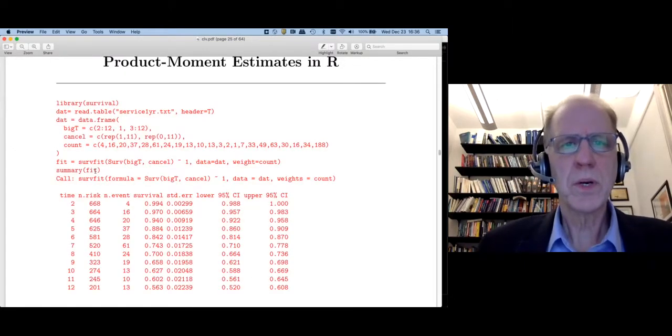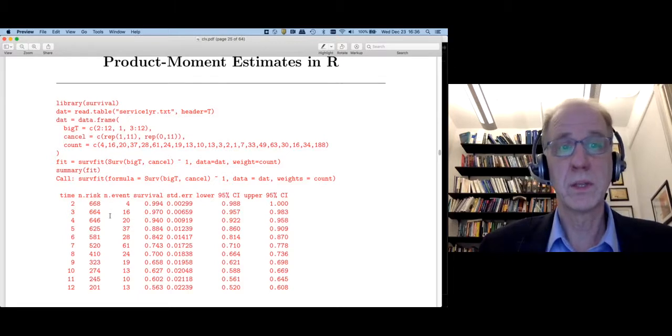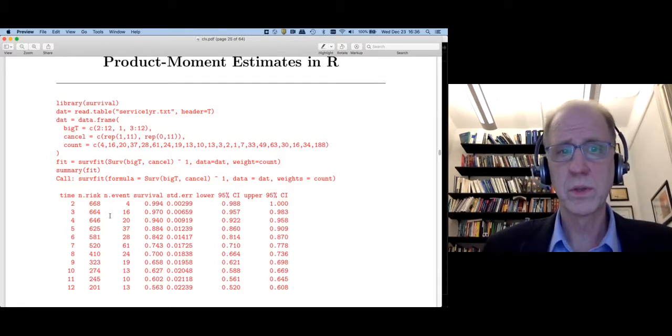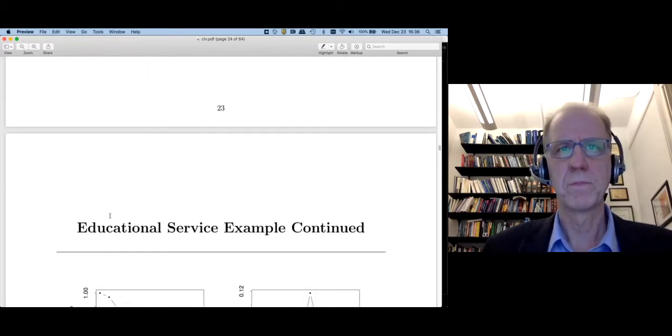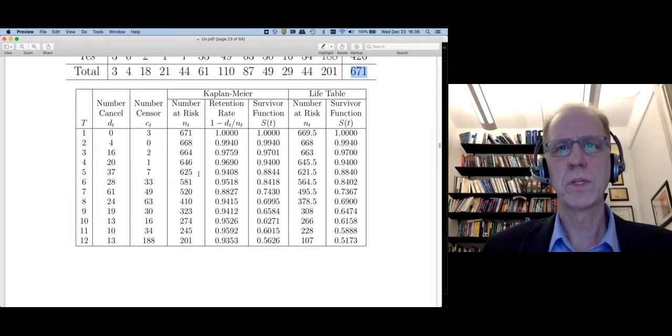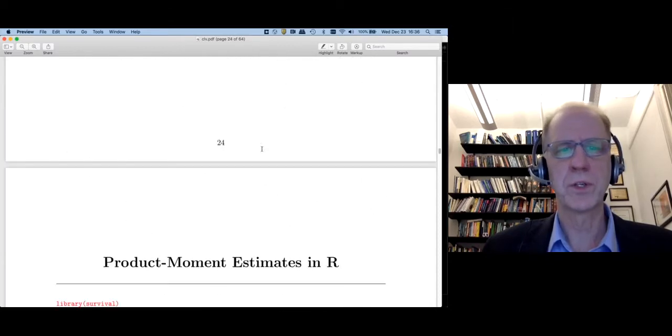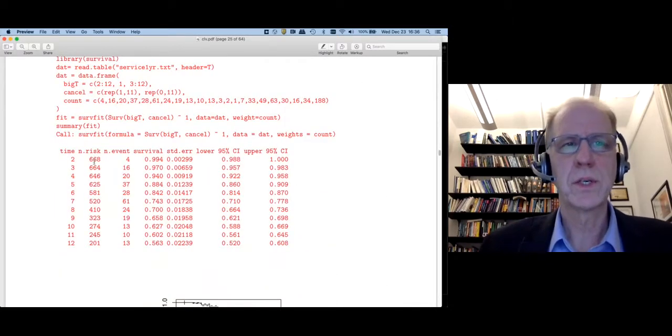If you do a summary on this fitted object, what you end up with is something that looks a lot like the table that we worked through together a couple slides ago. So we had the number at risk, we had the retention rates in the survivor function. The summary function gives us the number at risk, the number of events. So think of this as the number of flips, the number of heads.